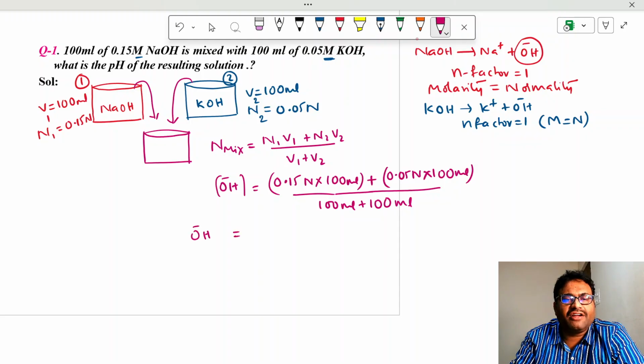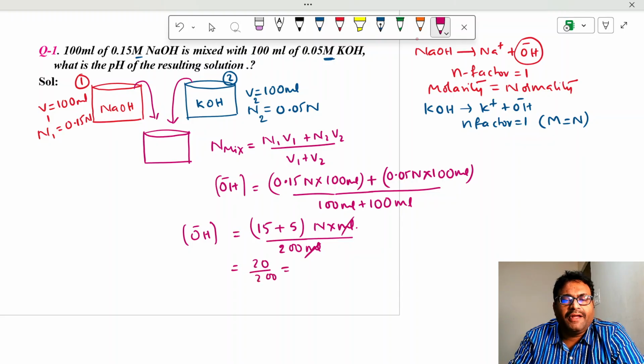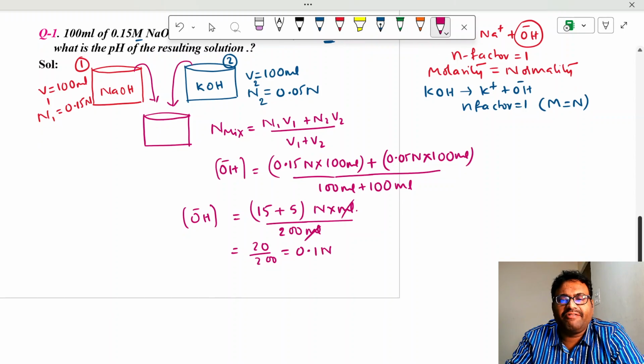OH minus ion concentration is equal to 15 plus 5 normality into ml units by 200 ml. ml gets cancelled. Then what you get? 20 by 200, that is equal to 0.1 normal.